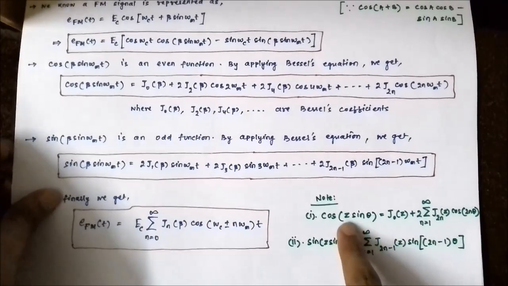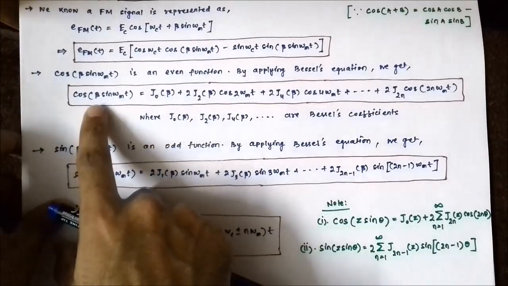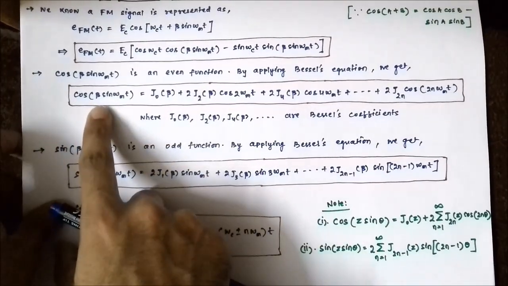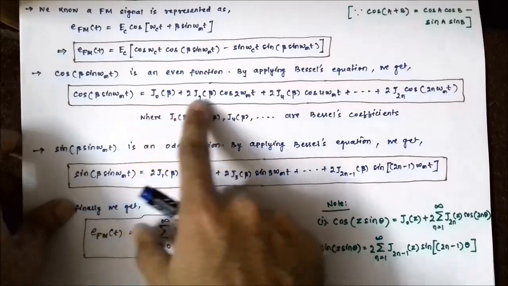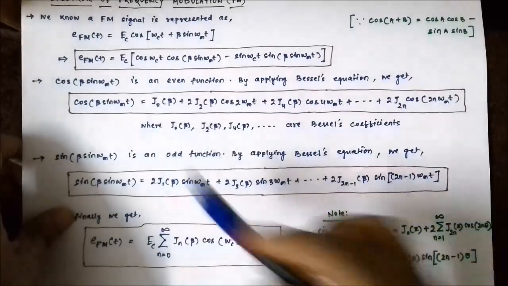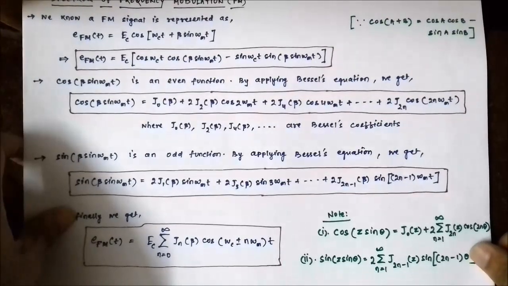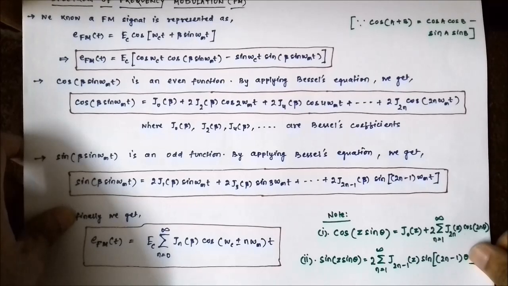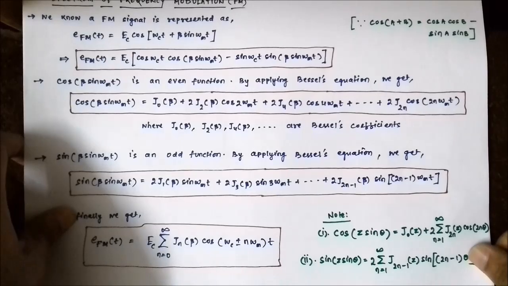So when we apply this identity to cos(beta sin omega_m t), we get this expression: J0(beta) plus 2J2(beta) cos 2 omega_m t plus 2J4(beta) cos 4 omega_m t plus 2J_2n(beta) cos 2n omega_m t.